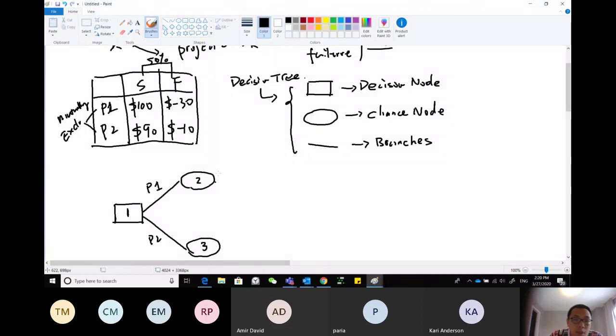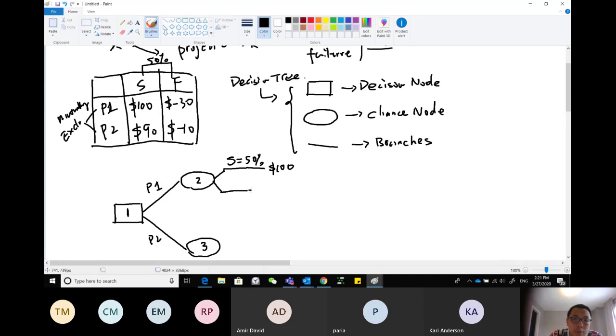The reason it's called chance node is because it's always connected to the probability branches, right? That's the first thing. Second thing, at the chance node, we always calculate the expected value. I'll demonstrate that in a second. So if we invest in project 1, 2 scenarios. The first scenario is success. So we're going to have 50% of the chance that will give us $100.